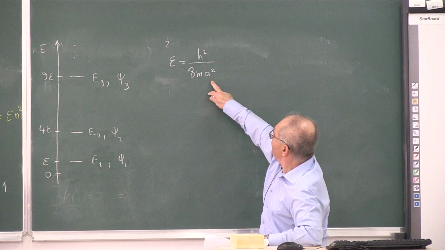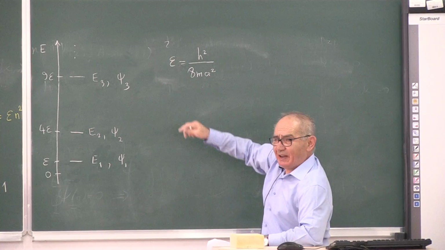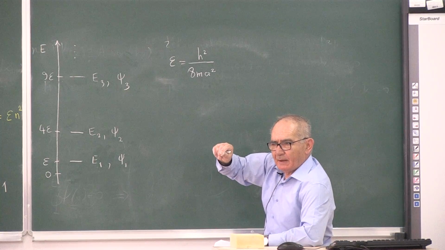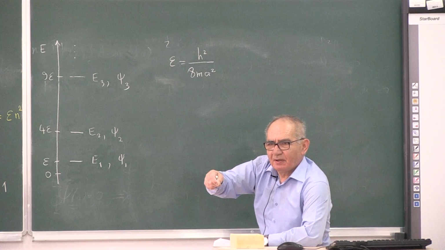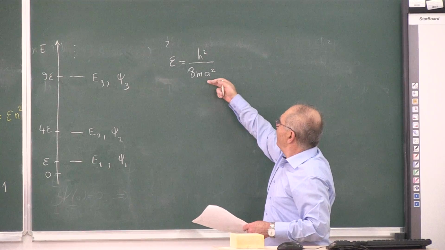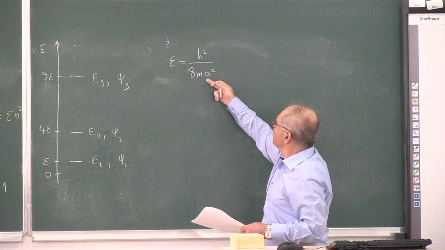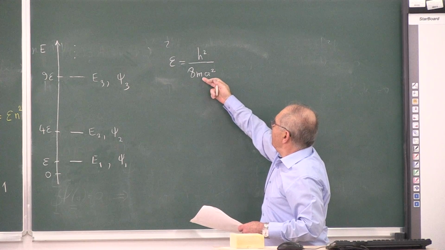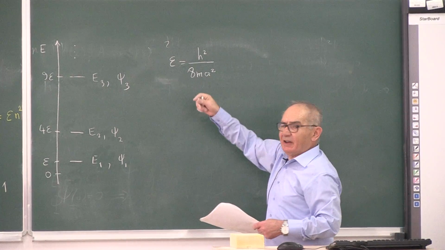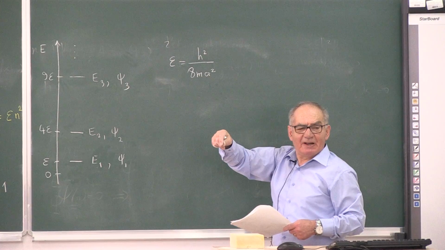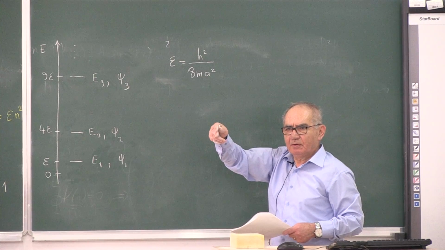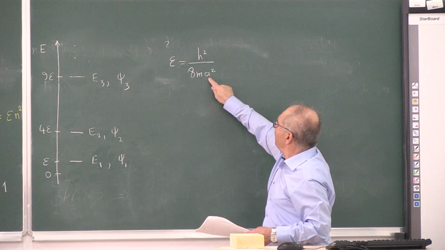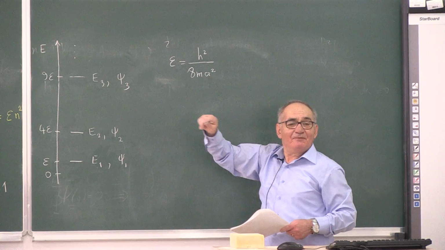Now, if a is a large number, a macroscopic number, like 1 centimeter, and the mass here is the mass of a tiny particle, such as a molecule, because a is macroscopic here, the numerical value of epsilon would be very, very, very small.